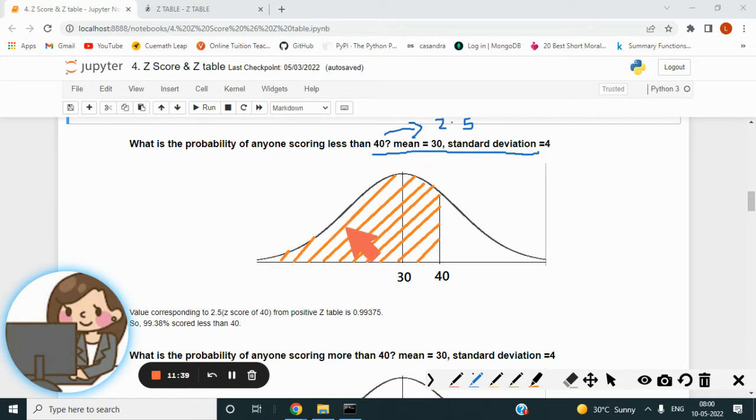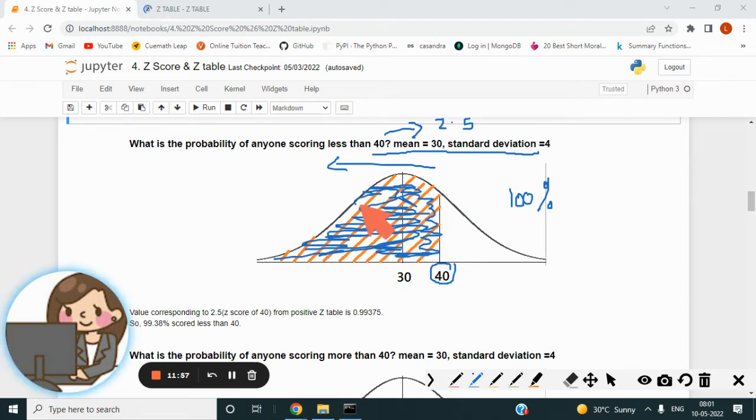So we know that the entire area is 100%, right? So how many percentage of values are less than 40? That is what we are interested in finding out. So we have to find this entire area. If we find this entire area, we will come to know how many percentage of values are less than this value.